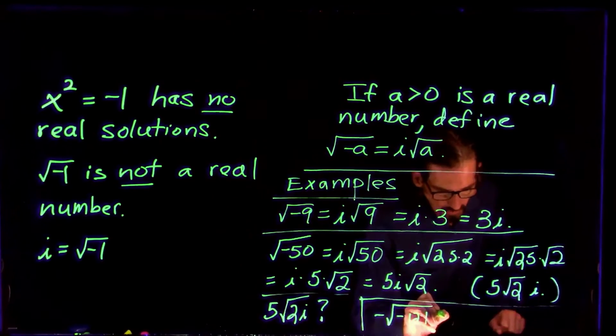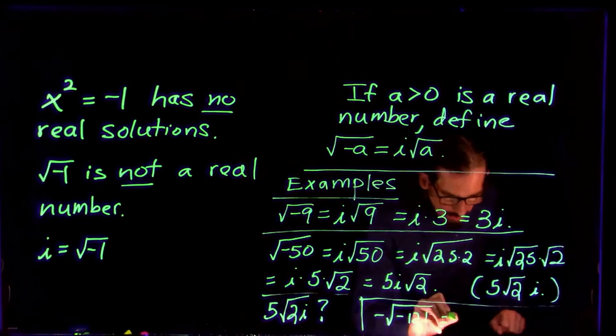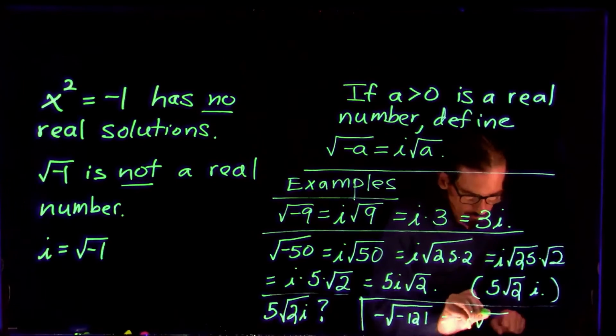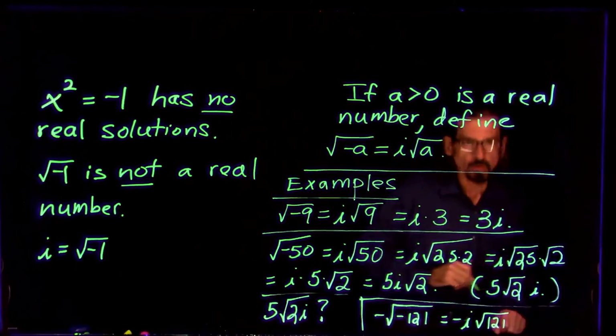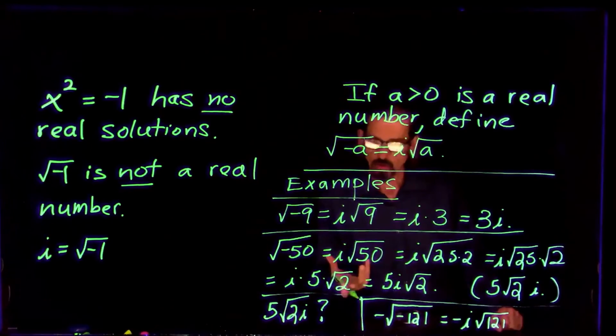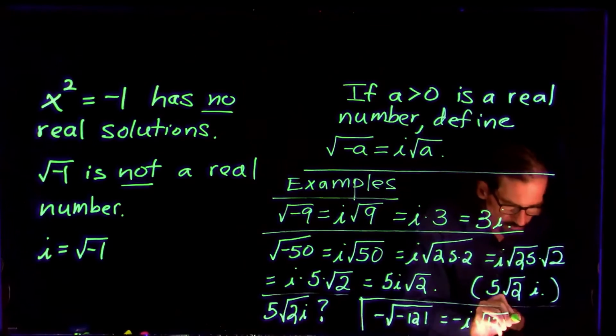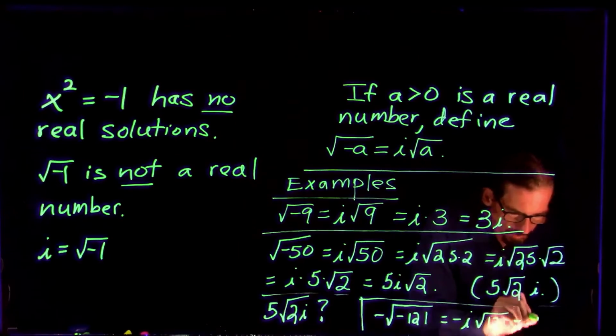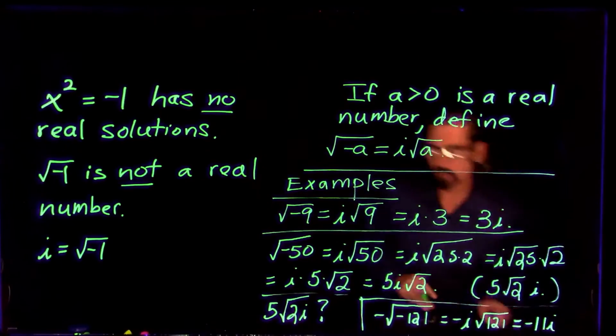So if we apply the definition, we would have negative i times the square root of 121. And then 121 being a perfect square, the square root of 121 is 11. We have negative i times 11, or negative 11i.